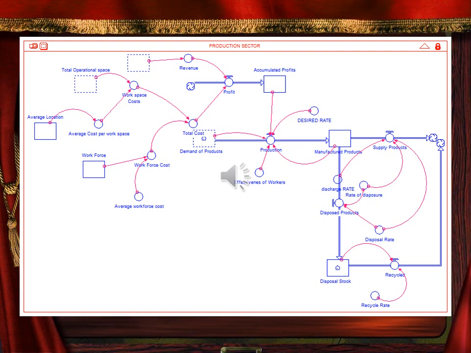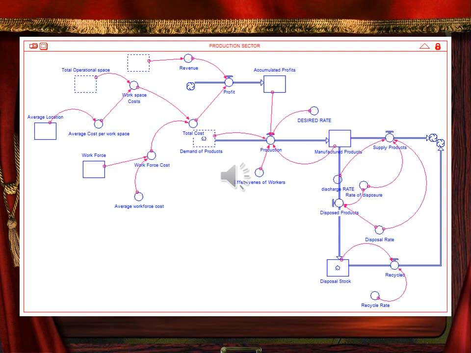There is also a contribution of the workforce, and of demand for products, because we know that production cannot take place unless there is demand. There is also another important stock contributing to manufactured products, which is accumulated profits, because profits are the ones which are reinvested, and then production can take place.